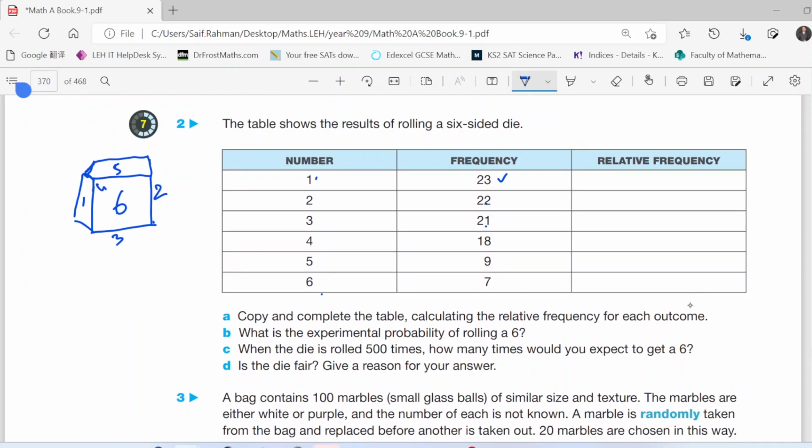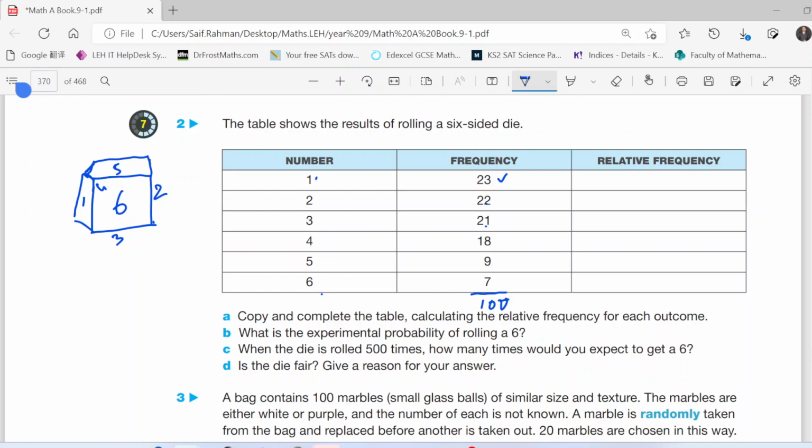If we count all of these, the total frequency is 100 times. So when the experiment is conducted 100 times, we can see that the result of number 6 is 7 times. Okay, for all the others, this one.